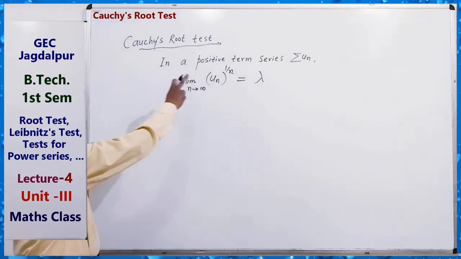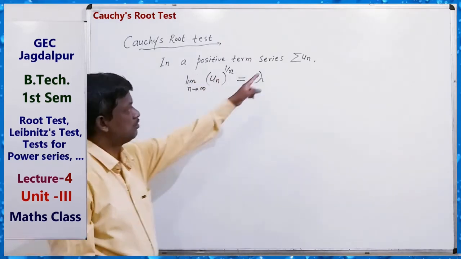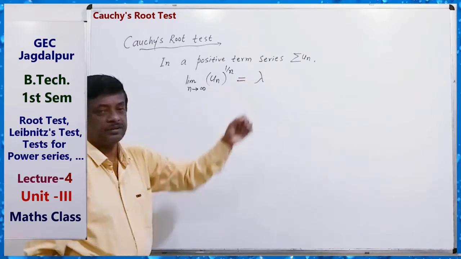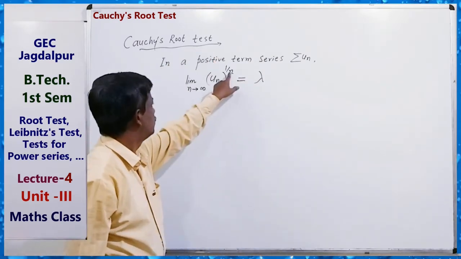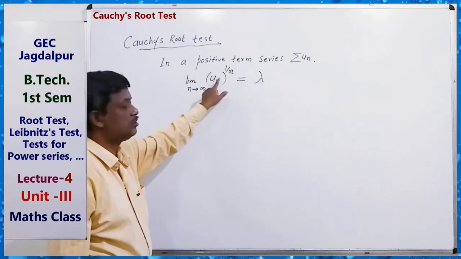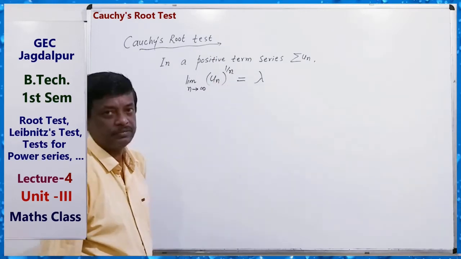In a positive term series summation un, the limit of the nth root of the nth term is equal to lambda.